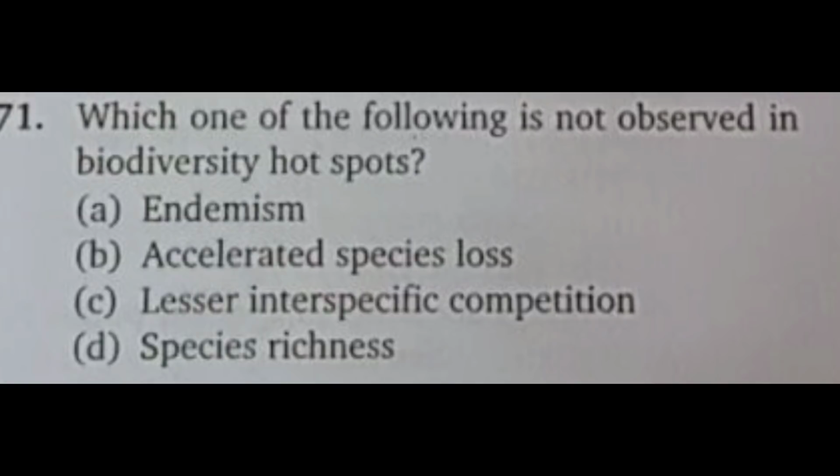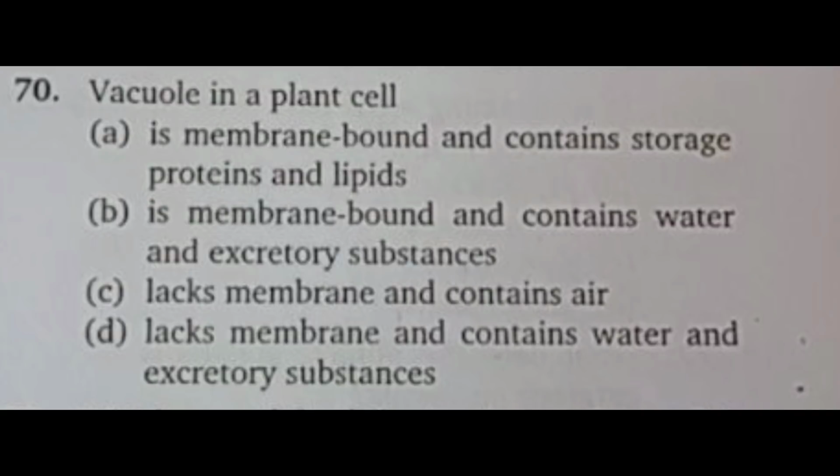The next one, which one of the following is not observed in biodiversity hotspots? And the options are endemism, accelerated species loss, lesser interspecific competition, species richness. And the right one is option number C, lesser interspecific competition. The next question, vacuole in a plant cell.